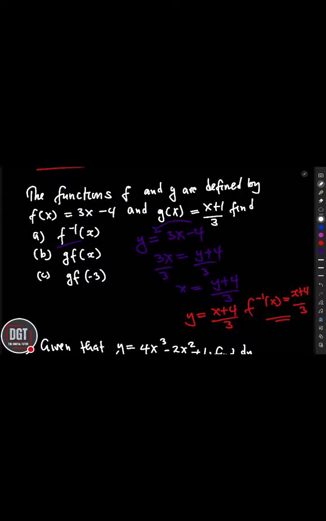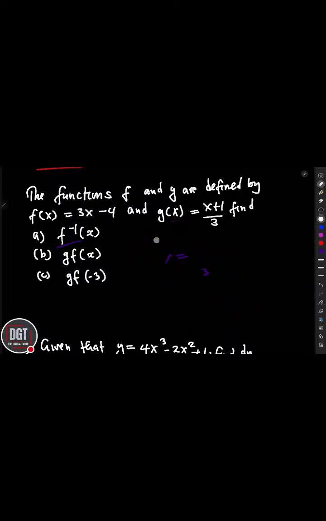Okay, so the first question we've answered. Then let us look at the second question. How do we answer it? For the second question, we are finding the composite, that is g of f of x.